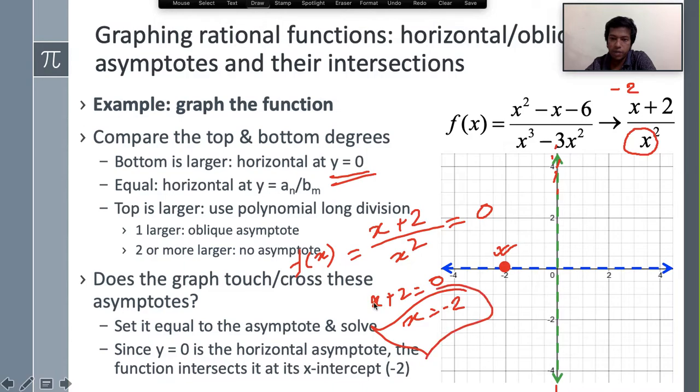That means at x equals minus 2, the graph will pass through this point, which is on the horizontal asymptote. This is how we can calculate that.